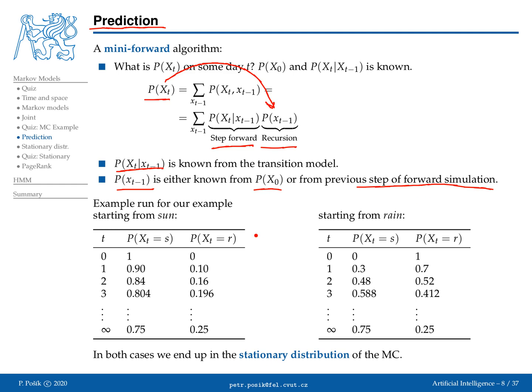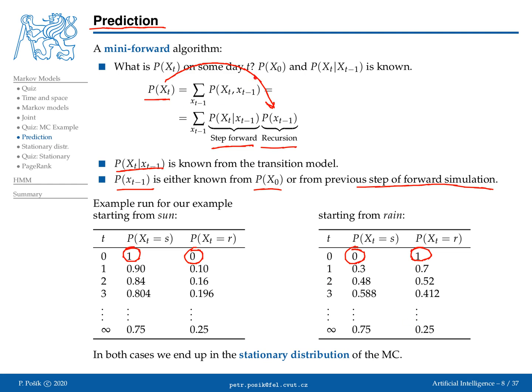Now imagine what would happen with this process of estimating the distribution to the future if you, for example, start with a different initial distribution. And let's look at two opposite cases. When you start with sunny weather for sure and no rain, basically, and with the opposite case that there is for sure not sunny weather, there is for sure rain, right?